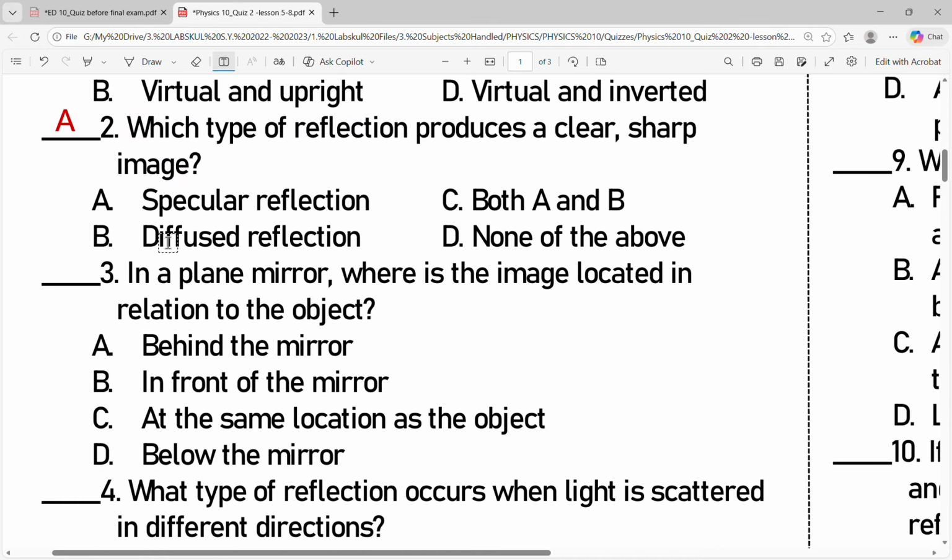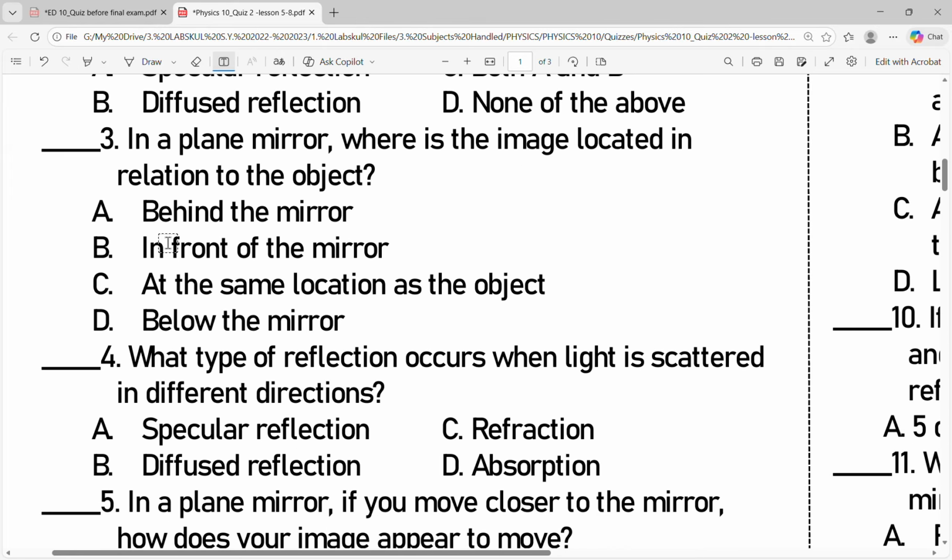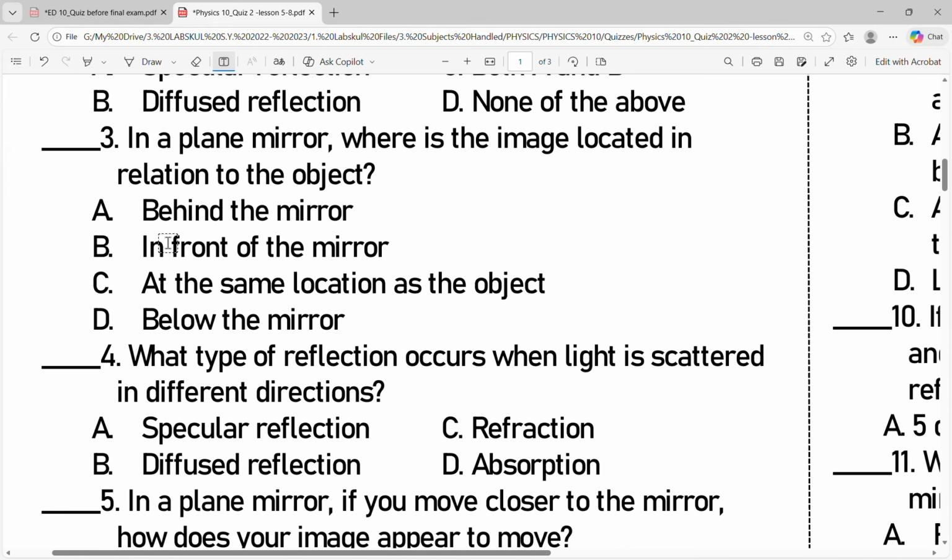Number 3, in a plane mirror, where is the image located in relation to the object? I have told you before that if the intersection of our reflected or refracted rays occurs behind the mirror, the type of image formed will always be virtual.